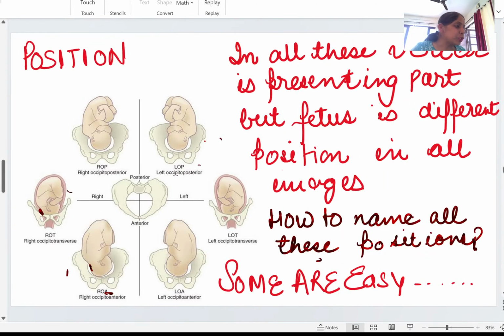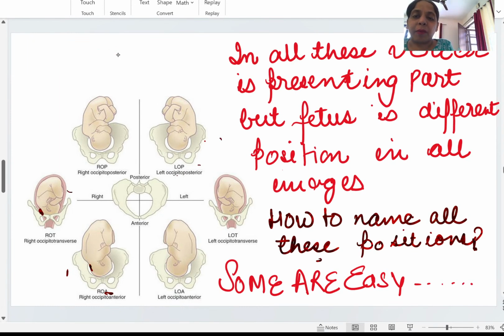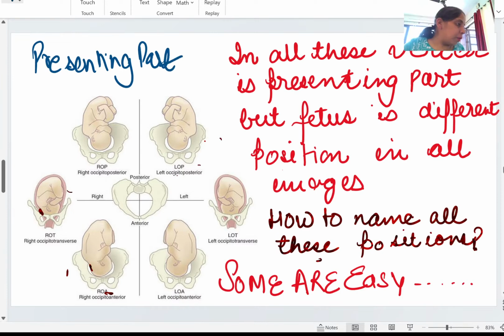Okay. Now what is position? Can anybody tell me what is position of the head? What is the presenting part here? In all these images, what is the presenting part?